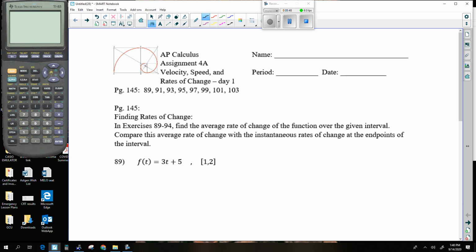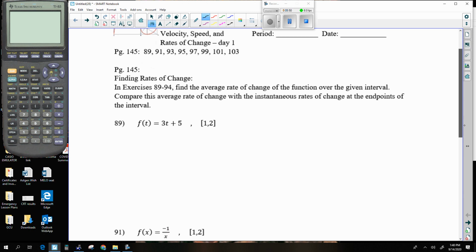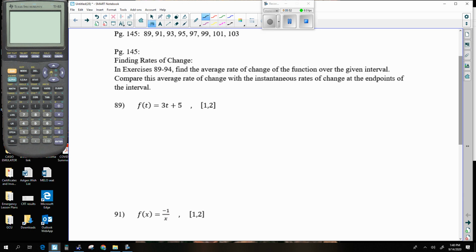Okay, so finding rates of change, number 89. Find the average rate of change of the function over the given interval. Compare the average rate of change with the instantaneous rate of change at the endpoints of the interval. All right, so let's find the average rate of change. It is f of 2 minus f of 1 all over 2 minus 1.